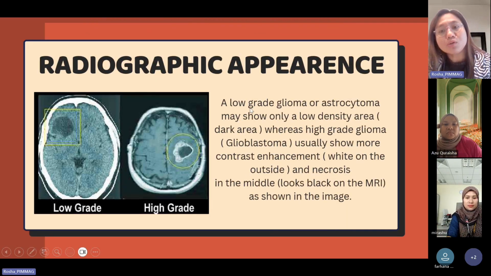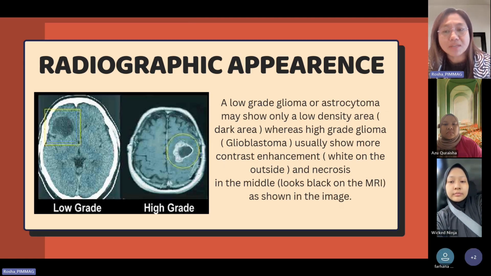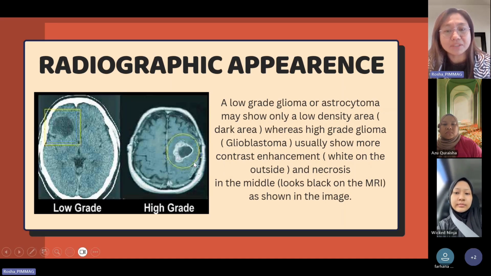For this one, a low-grade glioma or astrocytoma may show only a low-density area, whereas a high-grade glioma, which is a glioblastoma, usually shows more contrast enhancement on the white outside and necrosis in the middle. This is what I mentioned before. So this is a low-grade, a low-density area, but for the high-grade, you can see the white enhancement and also the dark inside representing necrosis.